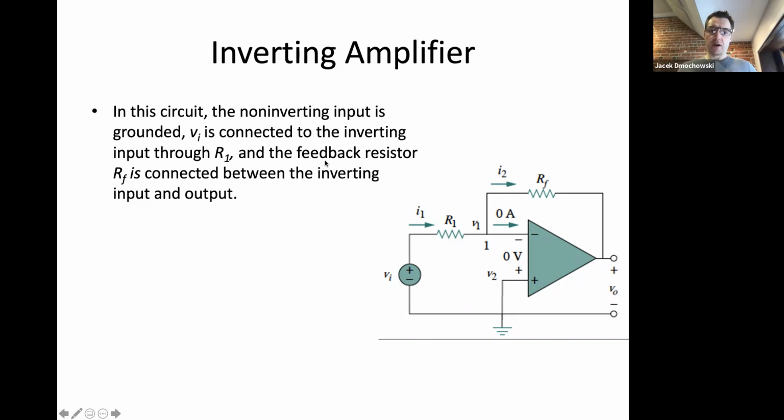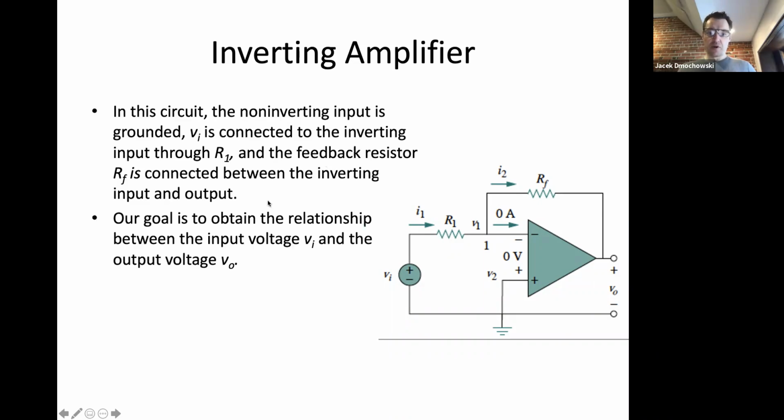So what do we know, right? Well, first of all, our goal is to solve for V naught. So what we need is an expression for the ratio between V naught and VI. And I'm just going to spoil the punchline here: it's going to equal minus RF over R1, right? So RF is the feedback resistor.